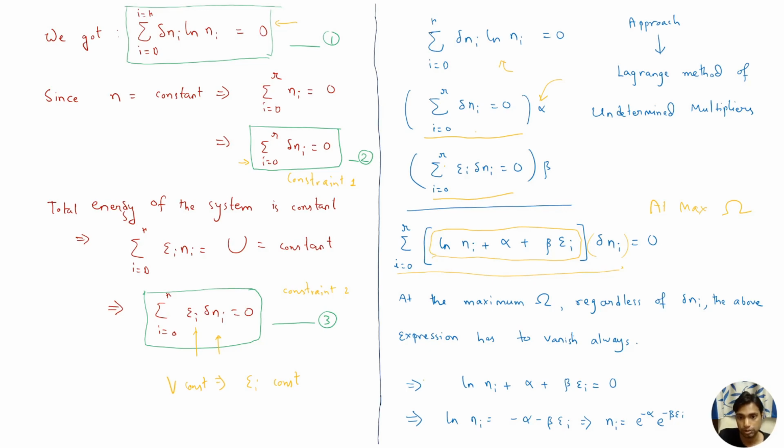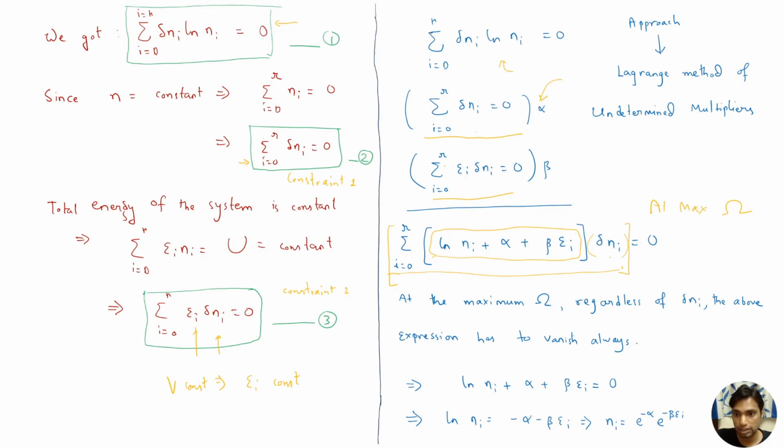I hope this argument is clear. This is an argument from linear algebra. If not, then maybe you can go through these basic arguments, that will be helpful. So the argument is that at max omega we want this entire expression to be 0, starting from here.